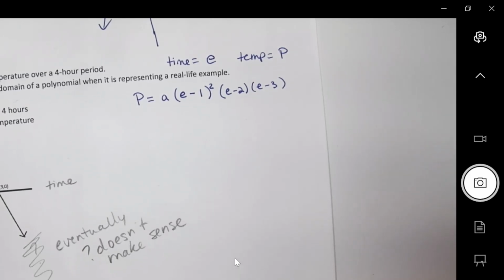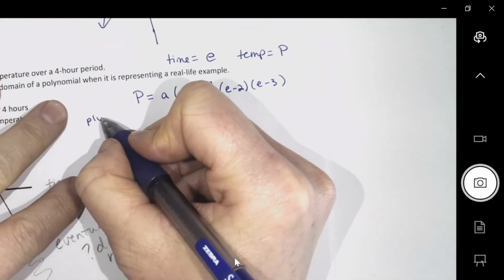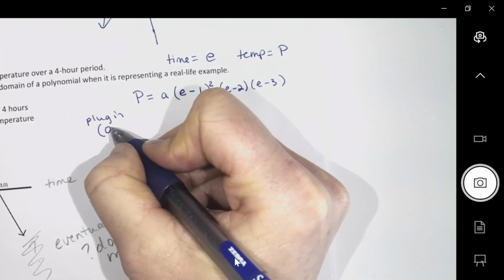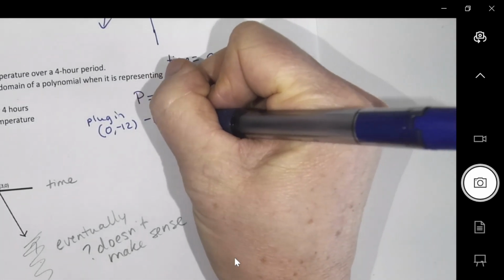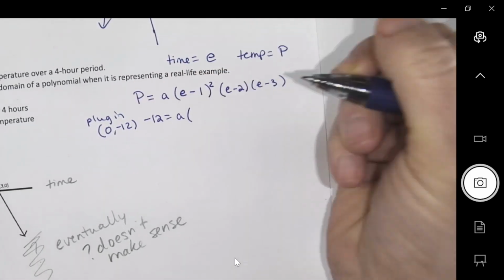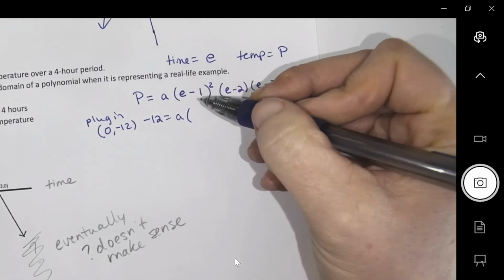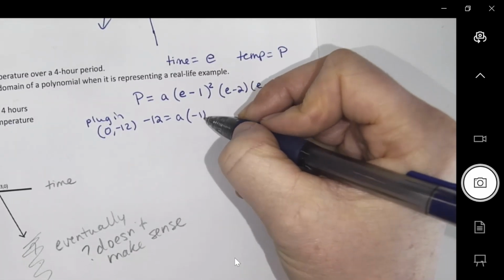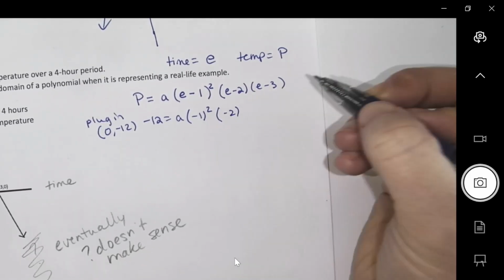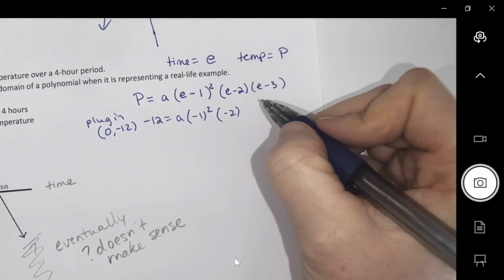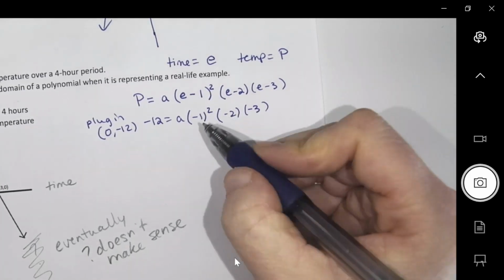Okay, now I'm going to plug in a point so that I can solve for A. So I'm going to plug in the coordinate 0, negative 12. So negative 12 equals A times 0 minus 1 squared, 0 minus 2, and 0 minus 3.